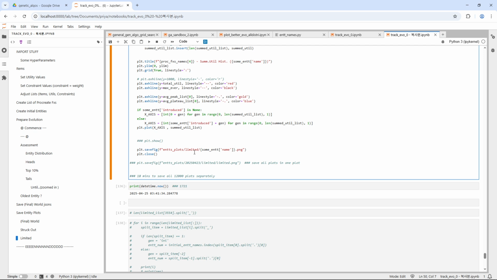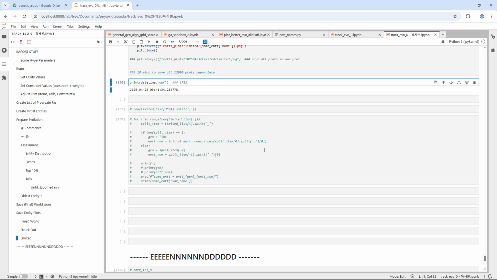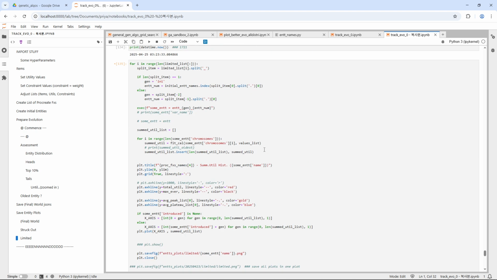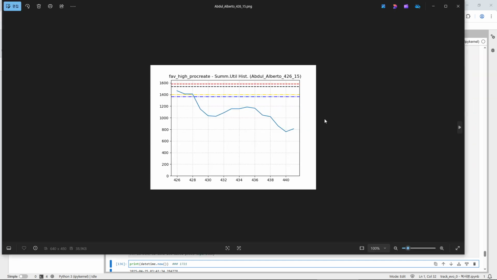So now we look at the more depressing set of plots. Let's have a look. And we'll see that all these plots have a downward slope.